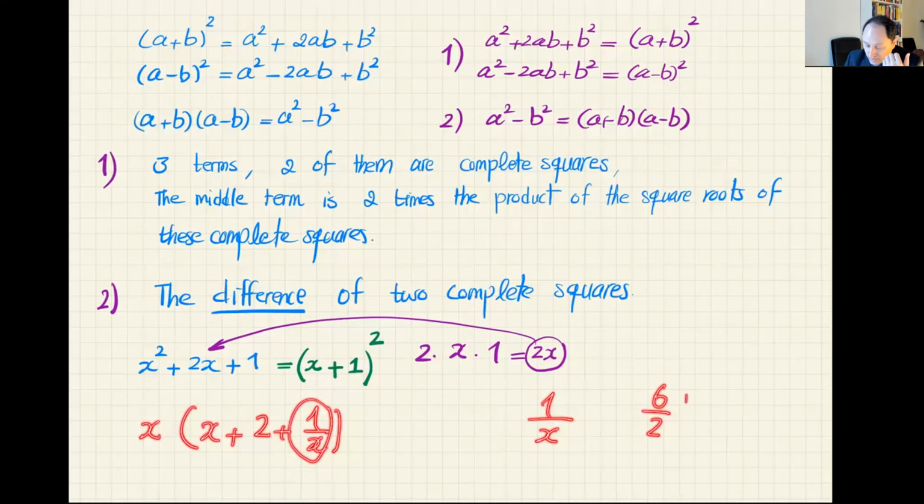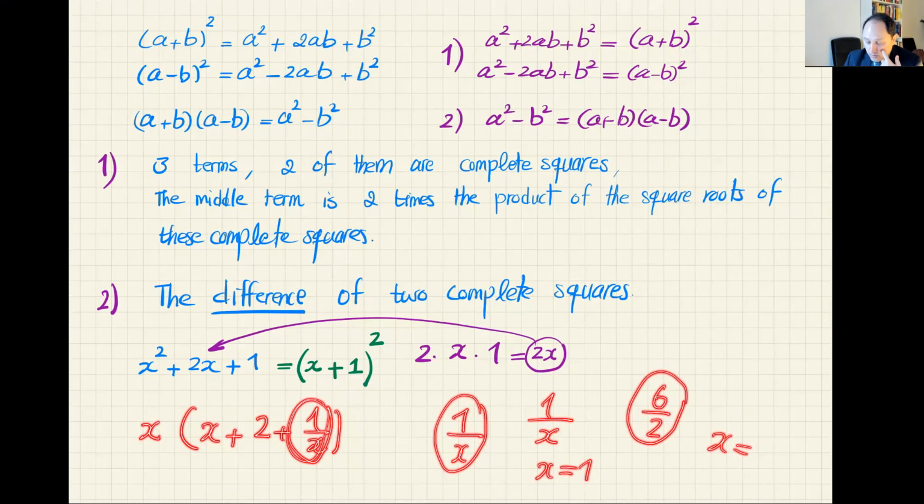If I ask you, 6 over 2 is an integer, yes. But 1 over x is not always an integer. If x is equal to 1, yes, you are right, 1 over 1 is an integer, but most of the time 1 over x is not an integer. For example, if I choose x equal to 2 or 3, all of them are fractions.